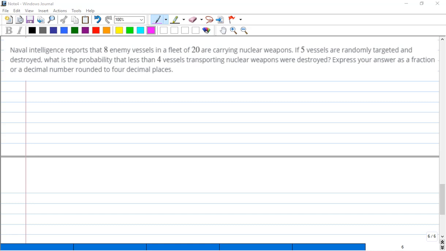All right, this is going to be one where using the complement will be quicker. Let me tell you why. 8 of the 20 have nuclear weapons, and we're destroying 5. We're trying to figure out the probability of less than 4.